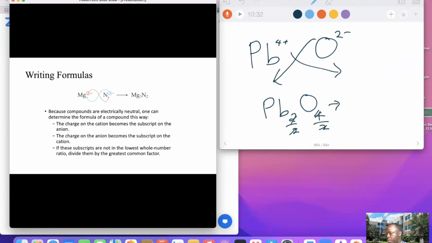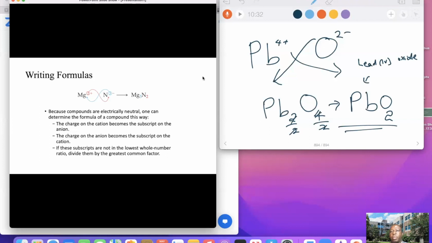This will give me PbO2, and you read this as lead 4 oxide, using the crossover rule, writing the correct formula.